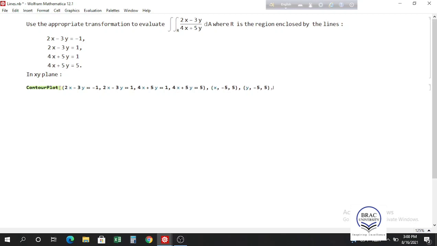And let's give the axis, and axis label. Also, let's use plot legends.